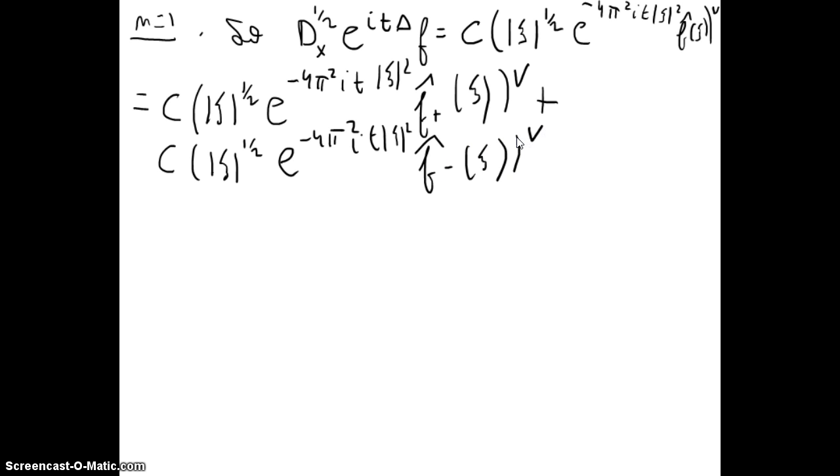Where f plus or minus is a characteristic function, plus or minus, times f-hat of ξ.